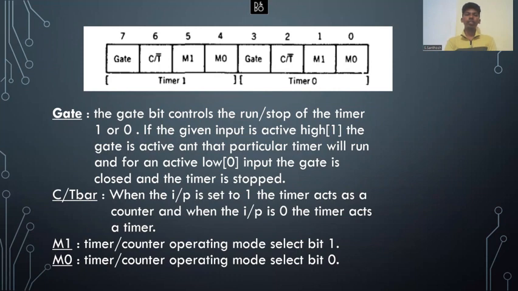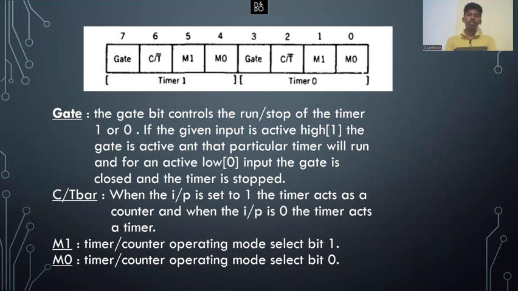So if you give an active low input, as you can see, T bar is given, then the timer acts as a timer itself. And if it is an active high input, that is 1, the timer acts as a counter. So counter starts with the active high input and timer starts with the active low input. And depending on the input that you give, whether it's 1 or 0, it'll work as a counter or timer.